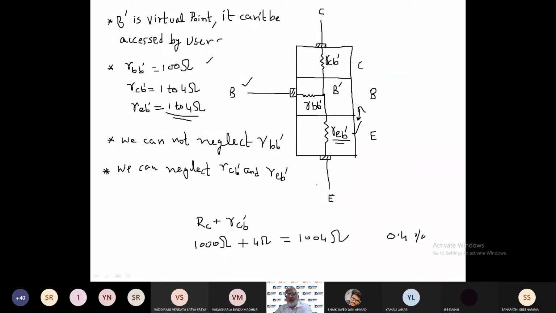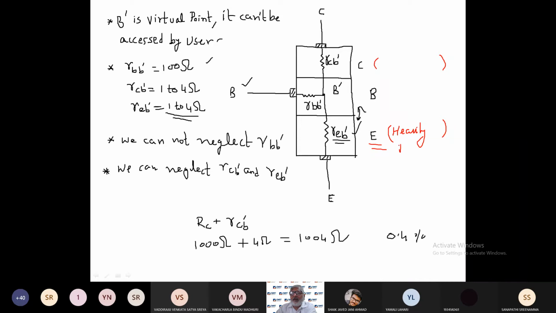If you recall the doping level, comparing the doping of emitter and collector, the emitter is heavily doped. Highest doping is there.